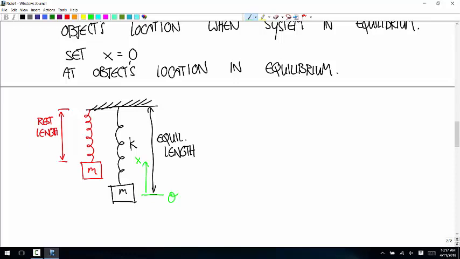And so the rest length of the spring, when the spring is at its rest length, that means it applies zero force to the mass.